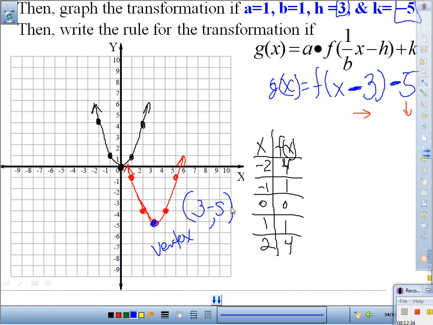Are we there so far? Okay, so watch. I'm going to do math magic. Tell your neighbor what you see from the rule to that. Noah, what do you see?